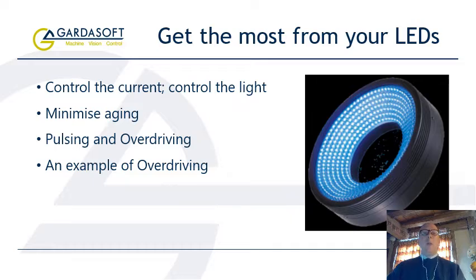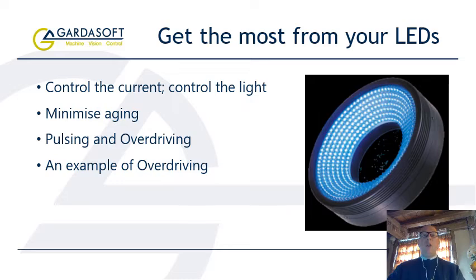Converting a constant illumination system to a strobe system is straightforward when using a quality lighting controller. The trigger for the camera is sent to the lighting controller, which allows adjustment of pulse length and intensity, and any delay between trigger and output pulse.